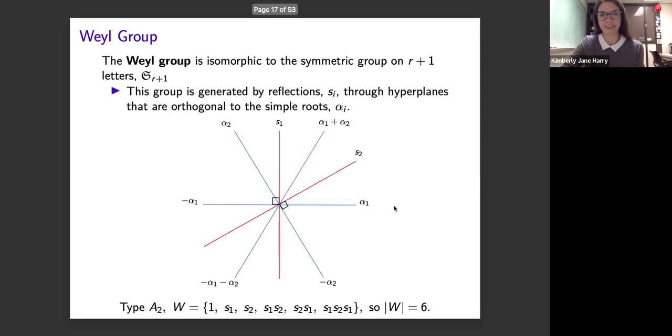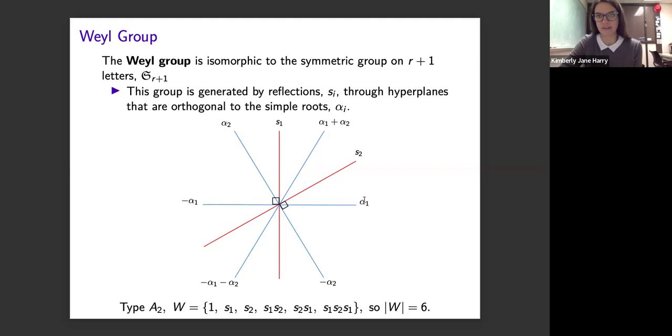And I like to picture it like this. So here's an example in type A2. Notice that I wrote out all my roots here. So I have an alpha 1, I have an alpha 2, and then I have my alpha 1 plus alpha 2. And notice that I am creating my S sub i's with the perpendicular to alpha sub i's.